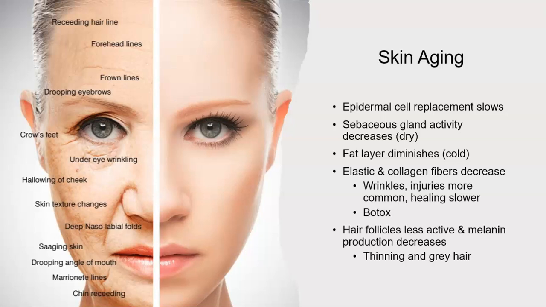Botox is a toxin that has been basically inactivated so it doesn't cause illness, that is injected into the skin. What it does is to temporarily block the nerve impulses of your facial muscles and therefore decreases or eliminates the wrinkles that are produced by those muscles being in movement.